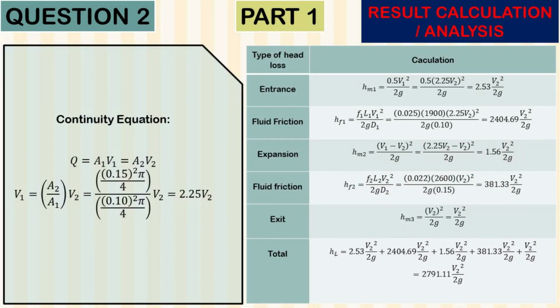Through the continuity equation, we can get the velocity of pipe 1 equal to 2.25 times the velocity of pipe 2. Through all of these equations, we can get the total head loss as a multiple of the square of the velocity of pipe 2 over 2 times gravity.